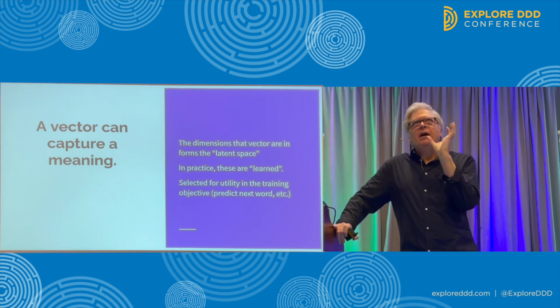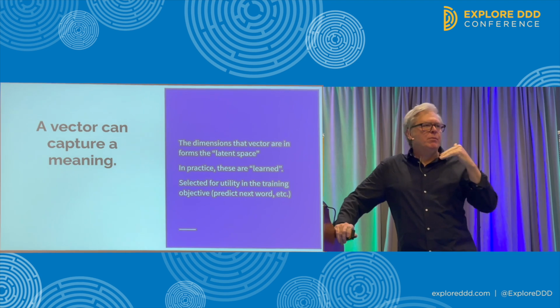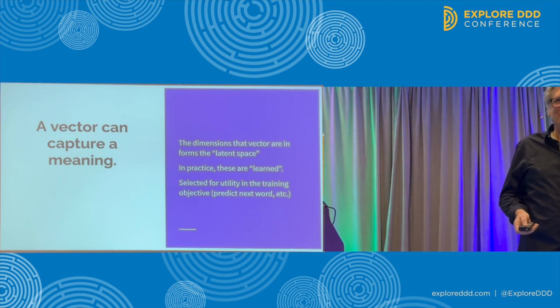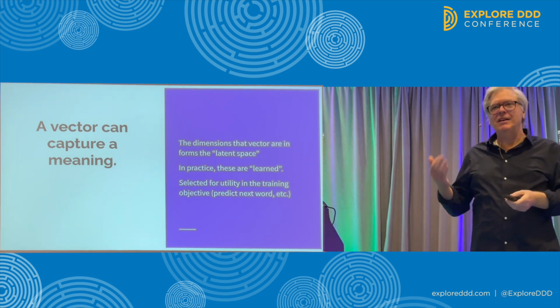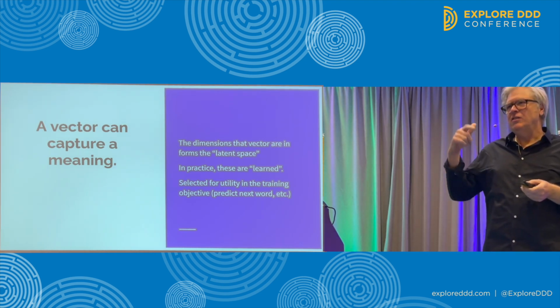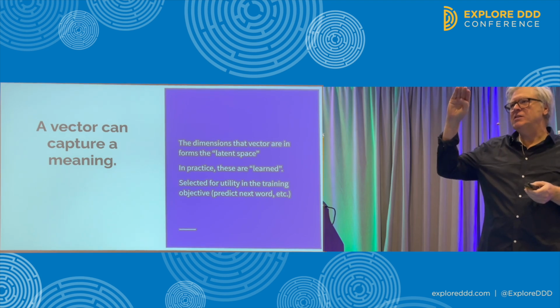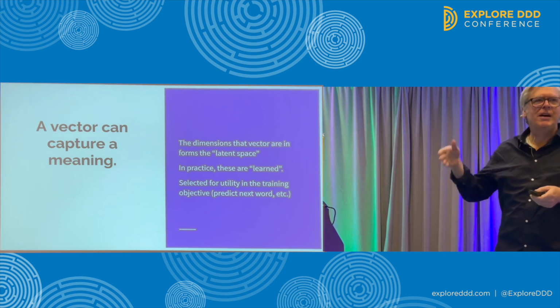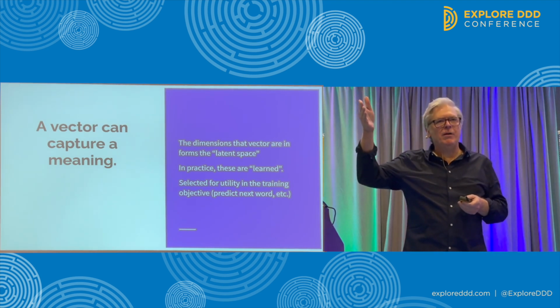In an LLM, that might be predicting the next word. In order to predict the next word, I might decide it's useful to have a set of dimensions that happens to make Rome minus Italy plus France come out to be Paris.